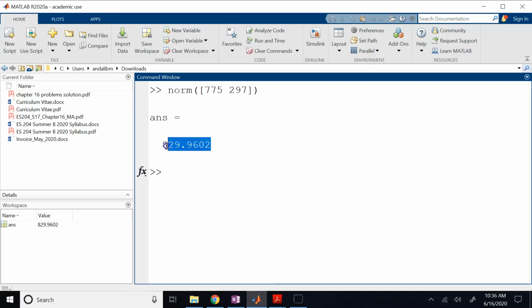Since the textbook did not provide decimals in this example, I rounded to the nearest full integer number, which is 830.